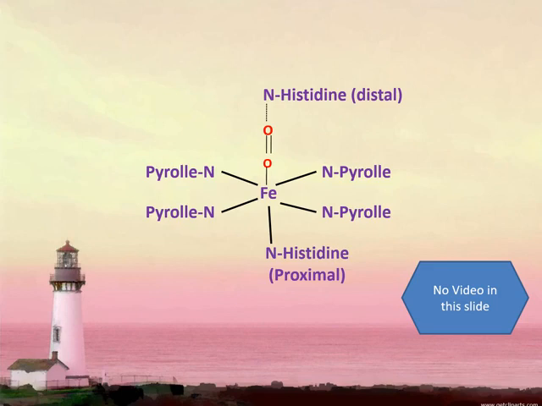So that means there are 4 polypeptide chains, alpha 2 and beta 2. So 4 heme molecules are there. So one hemoglobin molecule can attach around 8 atoms of oxygen or 4 molecules of oxygen.